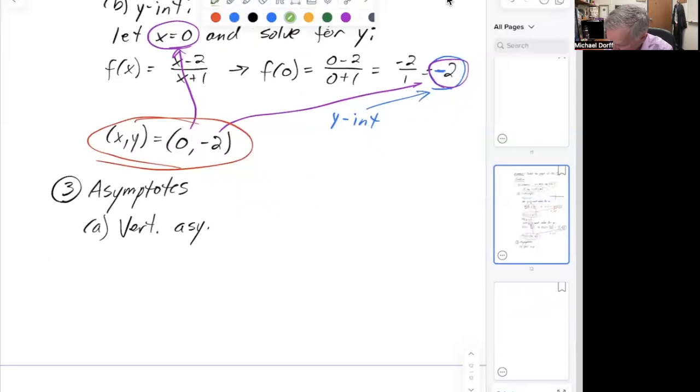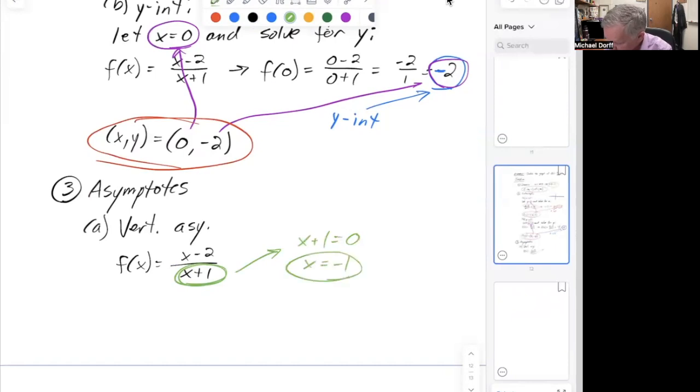So if I look at my original function, again, I have f of x equals x minus 2 over x plus 1. The problem, we would have a vertical asymptote at x plus 1. So x plus 1 equals 0, so x equals -1. This is my vertical asymptote here.